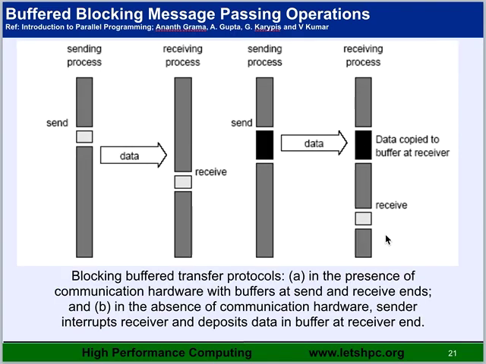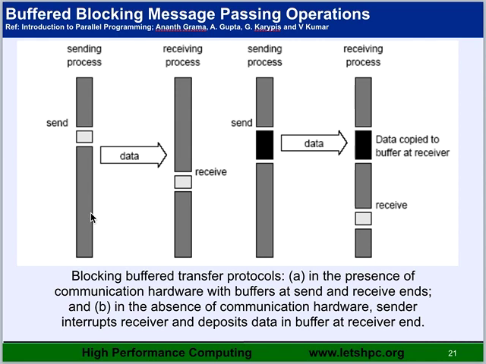Okay, so let's understand this through this schematic. Here you have a sending process, and this is the timeline. It started here, and on the sending side some operations are going on. Exactly at this location, the sending process is supposed to send some data, but exactly at that time, the receiving process is not ready to receive that data. But you can see that because there is a buffer present, there is no idling here. The sending process simply copies that data into the buffer, and then it can continue its operations.